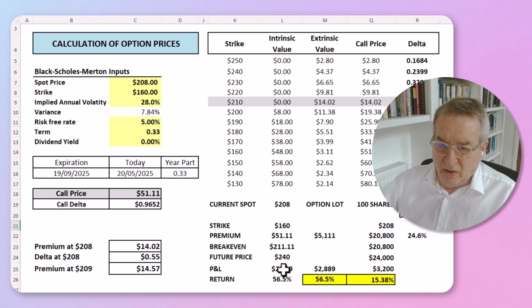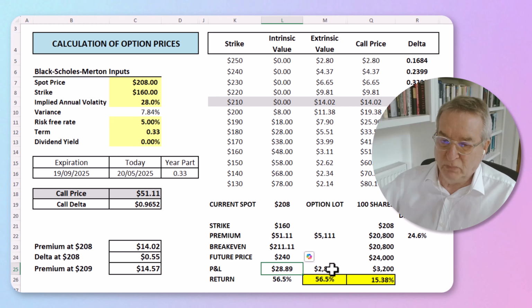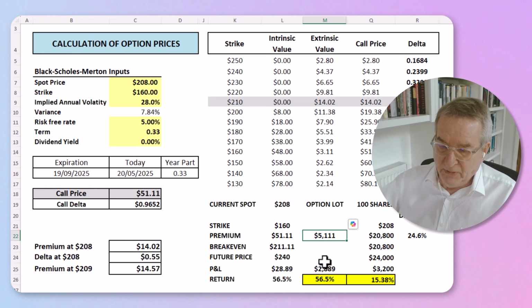The P&L, therefore, is the difference between this price and this price, which is $28.89. To translate that into a standard lot, that would be multiplied by 100, so we get 2,889. If we consider that return, against our outlay, this generates a gain of 56%.